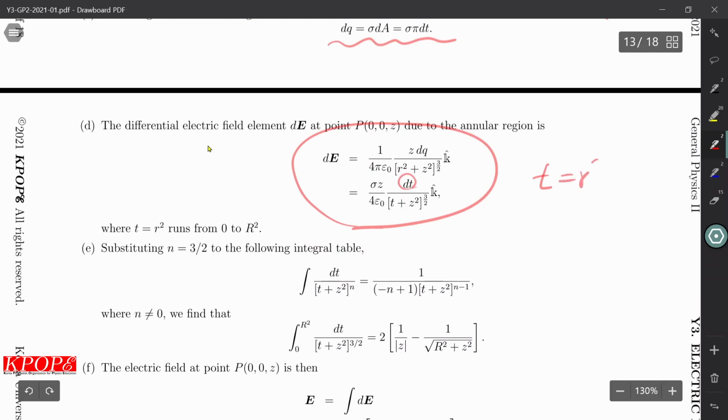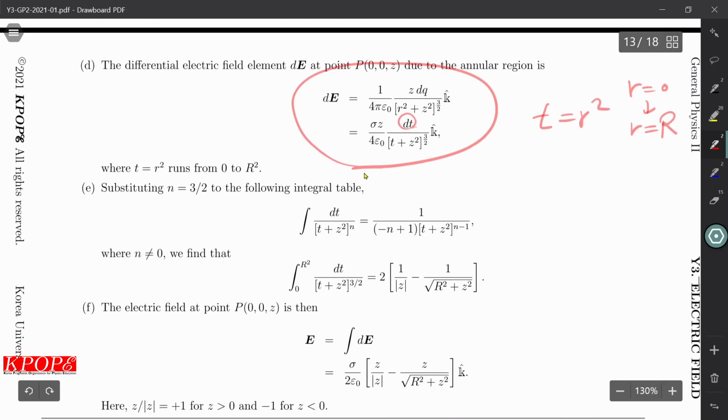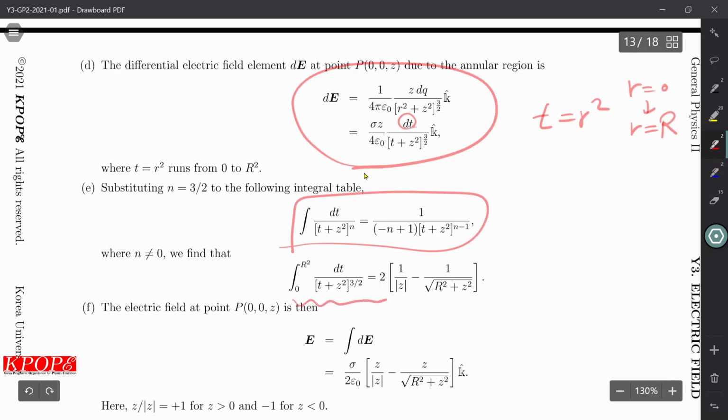Now t equals r squared. We do this integral from r equals 0 through r equals capital R. The integral table can be used to evaluate this integral in such a way.